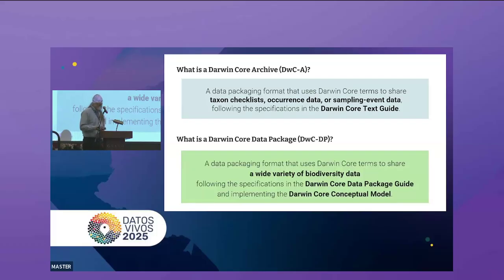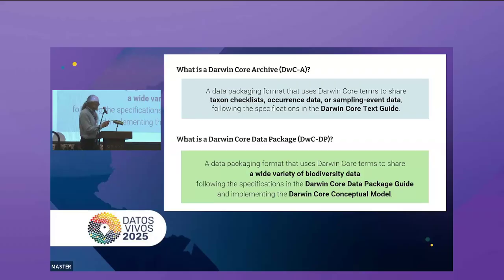So what's the Darwin Core Data Package? We finally got to the original question. It's the same thing. It's a way to package data for sharing, but it uses a different set of standards for how the structure is described.